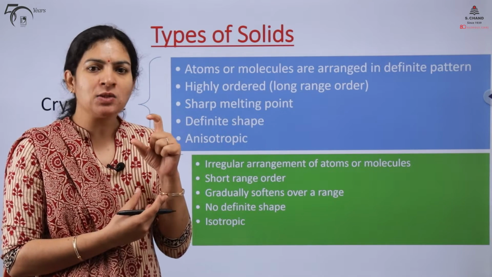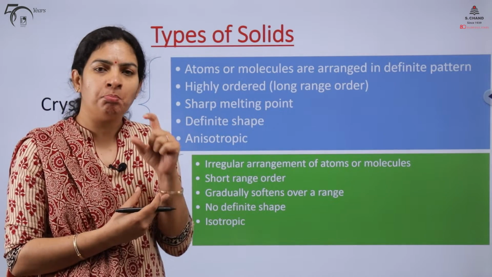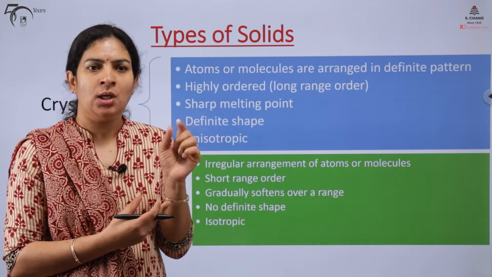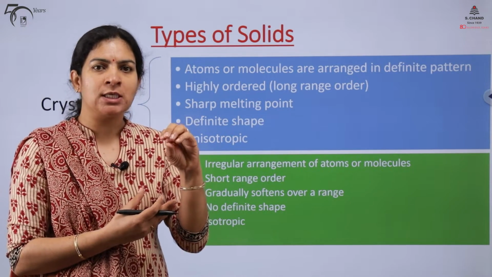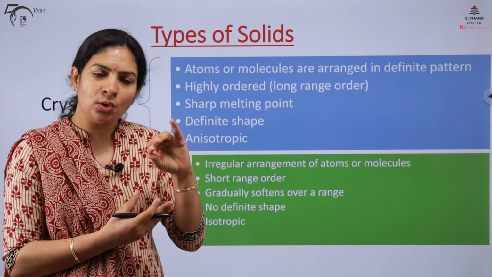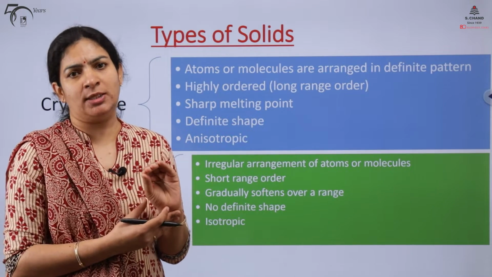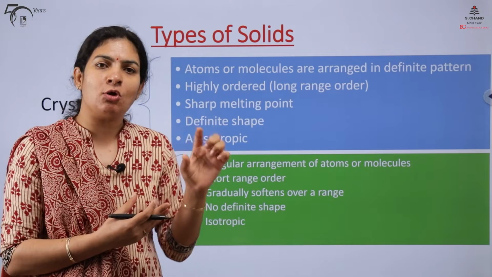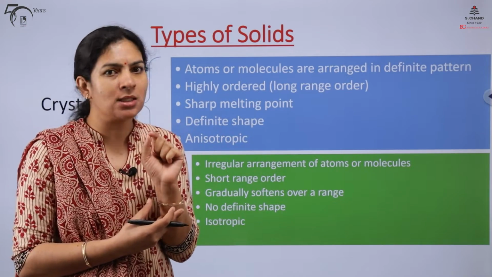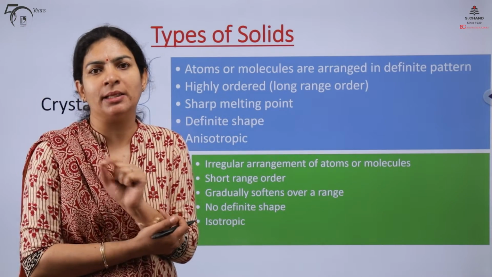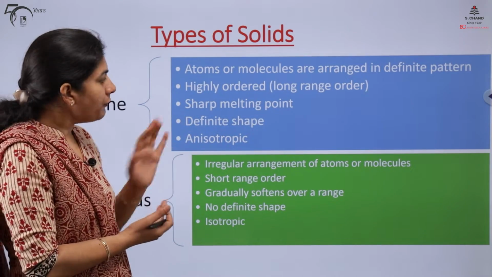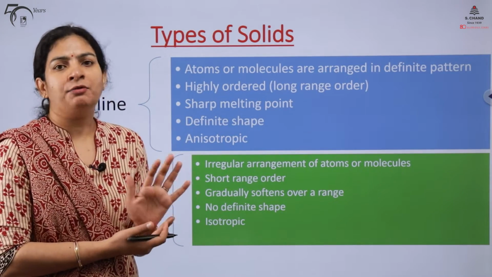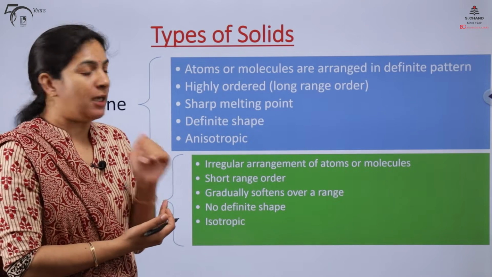It will not melt at one temperature. It will slowly and steadily soften and then start converting into the liquid state. This process of melting for amorphous solids does not happen at one single temperature, and hence we can say that amorphous solids do not have any sharp melting point.